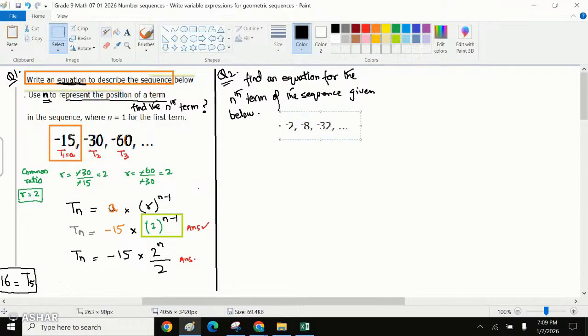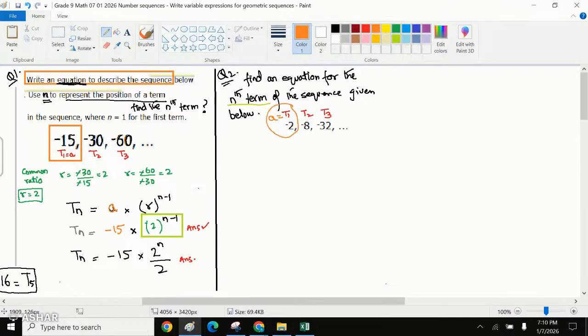What we can see over here is there are 3 terms given to us. Term number 1 is given, term number 2 is given, term number 3 is given to us, right? If we need to find an equation or an expression for the nth term, we know that the first term is always equal to a.